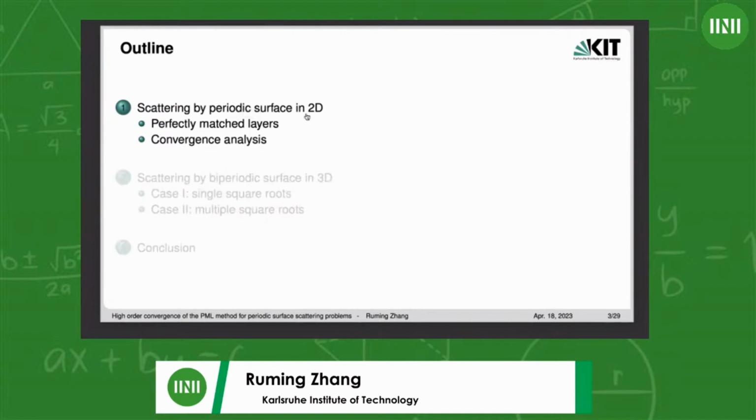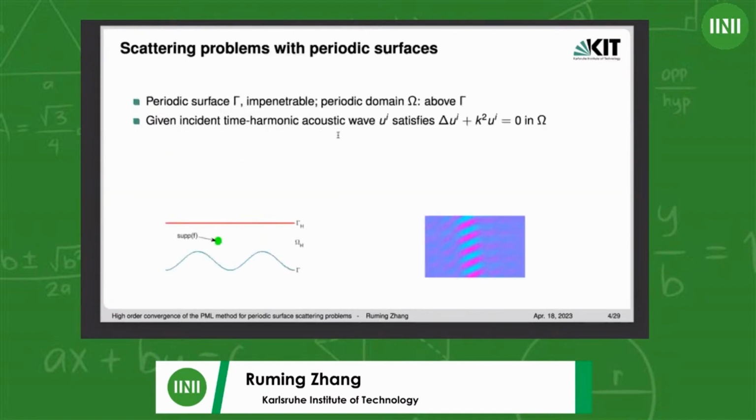This is the mathematical physics background for the problem. Given a periodic surface gamma, which is a graph of a periodic function. We assume that gamma is sufficiently smooth, just to avoid any complexities caused by singularities. For simplicity, we also assume that the surface is impenetrable. So if an incident field comes from above gamma, it cannot propagate through the surface.